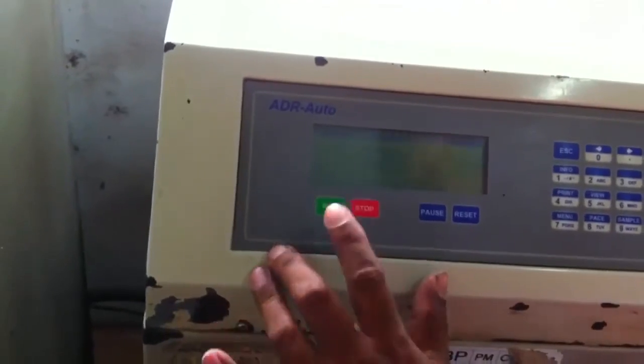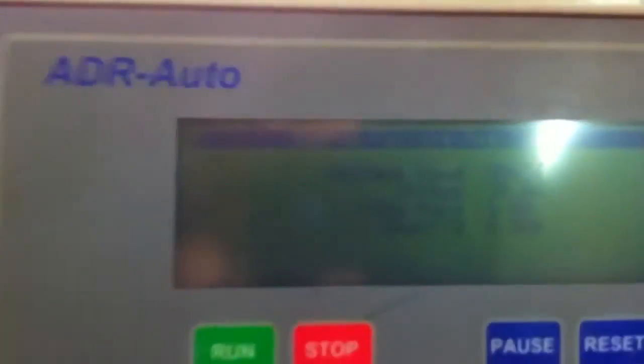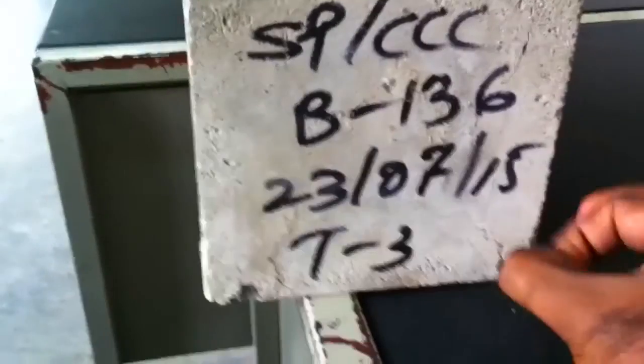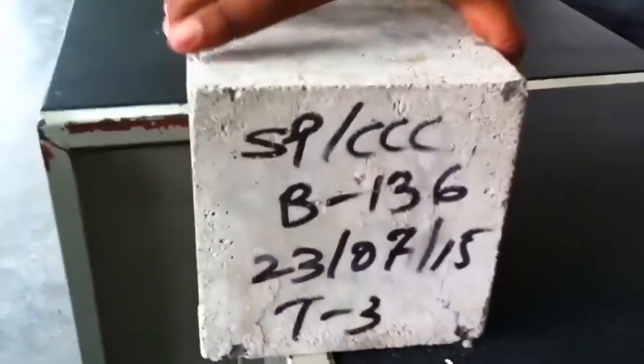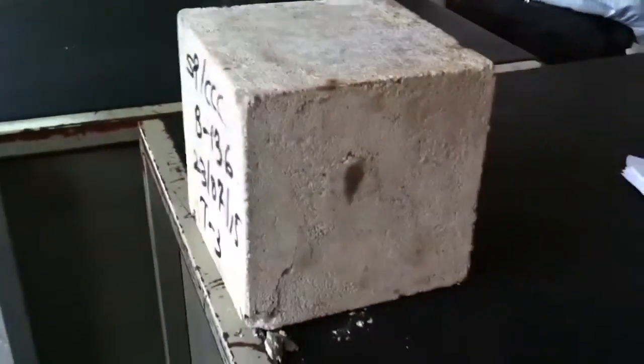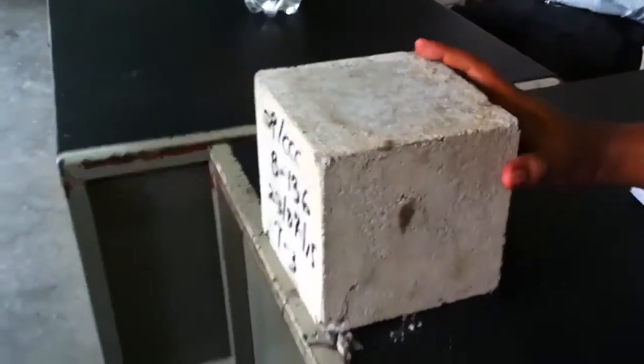The concrete cubes are crushed at the 7th day and the 28th day from the casting day. The strength of the cube should exceed the required strength of the concrete.